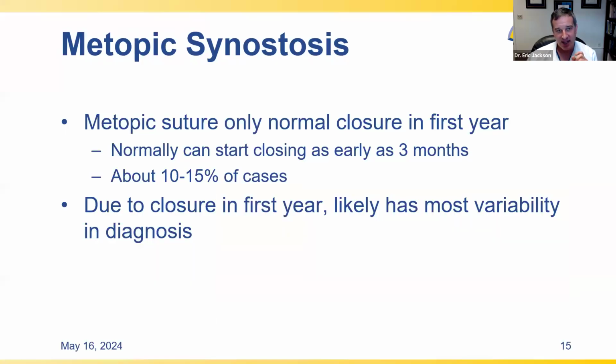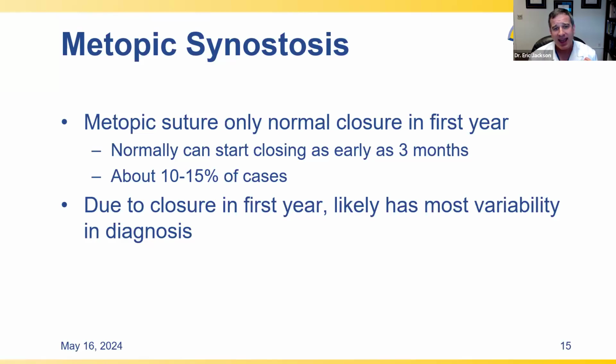Metopic synostosis is, I think, the one that is sometimes the hardest to make a definitive diagnosis. Not that the suture is closed, but whether it's actually synostosis. And that's because the metopic suture is the only one of the major sutures that normally closes in the first year of life. The other ones, typically, you're fully grown before they close.